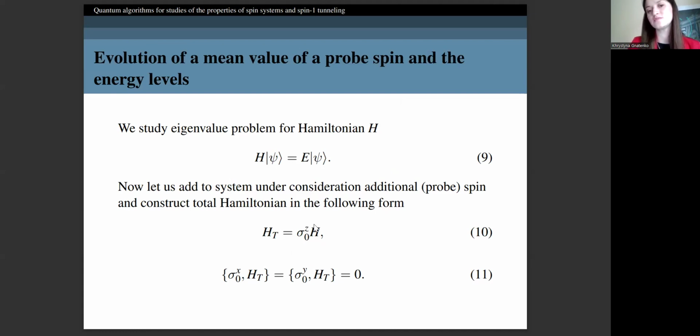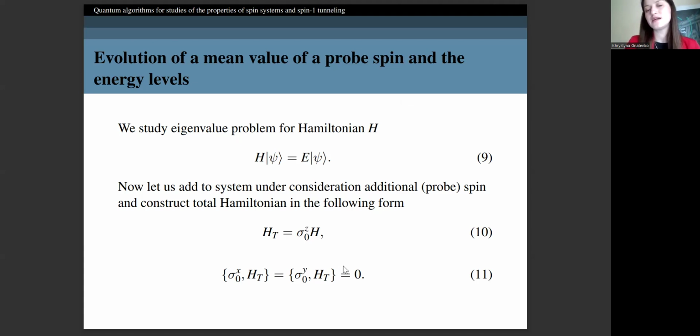We just multiply our Hamiltonian by sigma z corresponding to some additional spin, or probe spin, or ancilla qubit. In this case, for arbitrary Hamiltonians H, we can find the operators which anti-commute, and they are very simple. They are sigma x and sigma y.